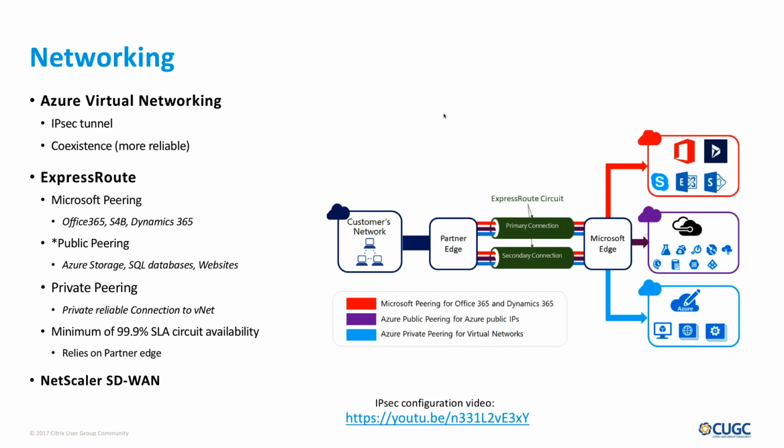And next to these two built-in options of Microsoft Azure, you can also connect from your on-premise environment to NetScaler SD-WAN in Microsoft Azure to build up a VPN connection to your virtual network.